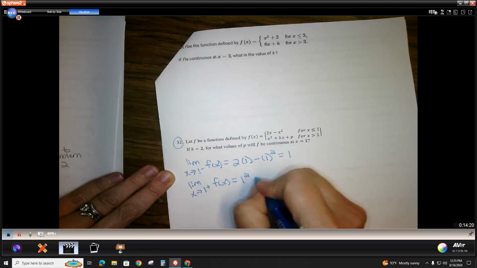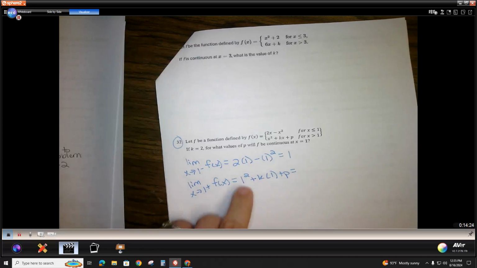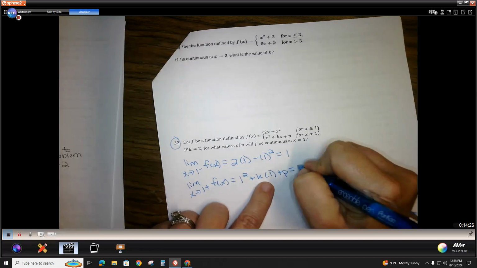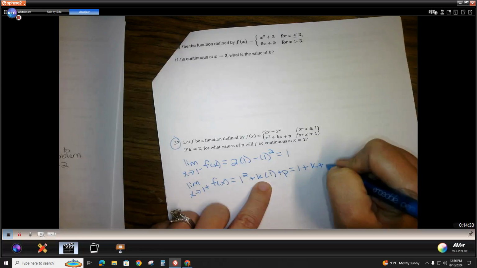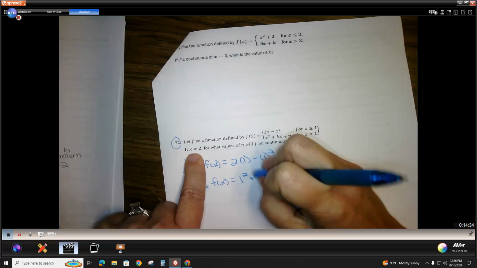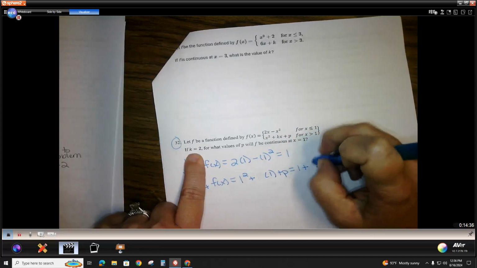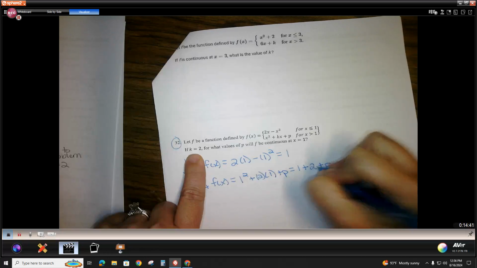So 1 squared plus k times 1. So 1 plus k plus p. Oh, they gave me the k. It's 2 right there. I was like, how am I going to do it with this many variables? Let's see what we're doing now.